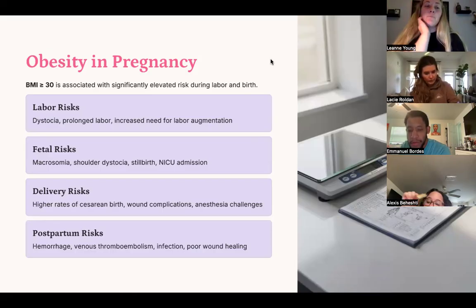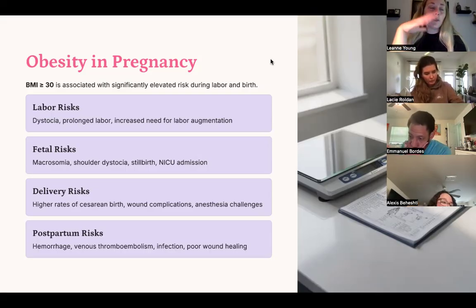Okay. This is usually prolonged. So usually these patients are in labor for a very long time. Okay. And they also usually need augmentation or induction of labor because they're not going to have uterine contractions independently. So these are the patients that we see on Pitocin. We usually have to put them on some type of medication to stimulate uterine contractions.